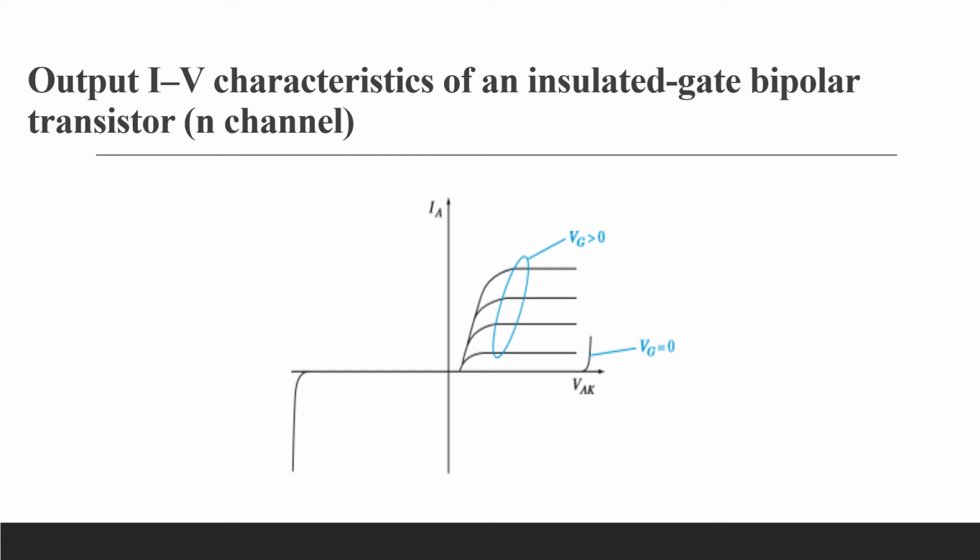Instead of the current saturating to increase from the origin, there is an offset or cut-off voltage of 0.7 volts, just like for a diode. Here there is a cut-off voltage. The reason for this can be understood by looking at the equivalent circuit.